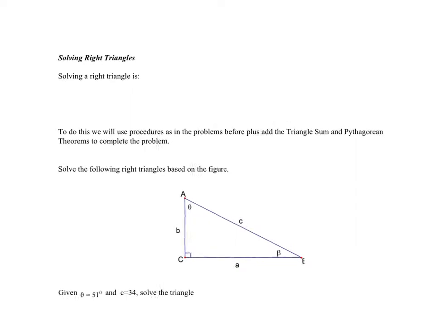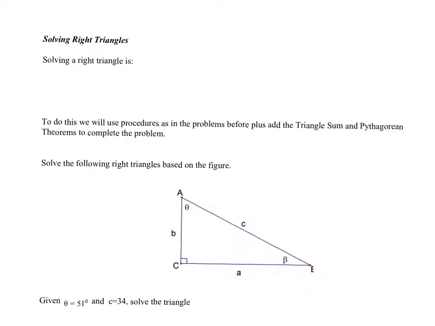So let's go ahead and actually solve some right triangles. Just to review the definition we're doing, solving a right triangle is to find all missing angle measures and side lengths.